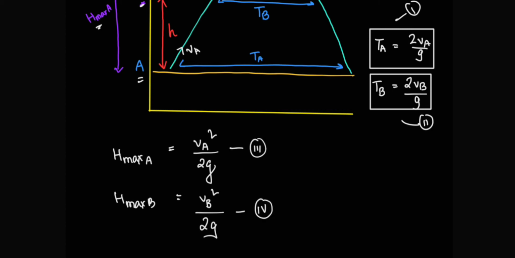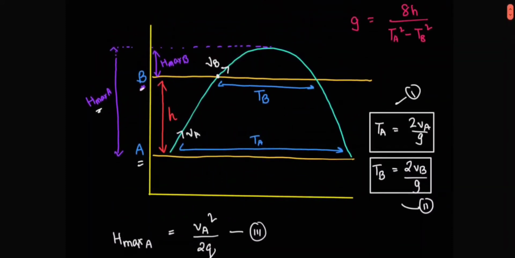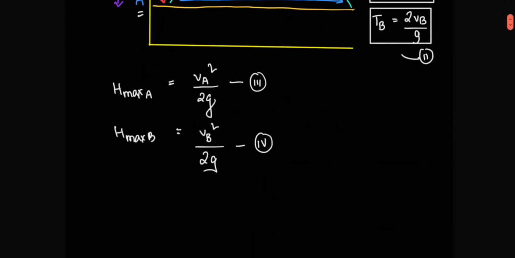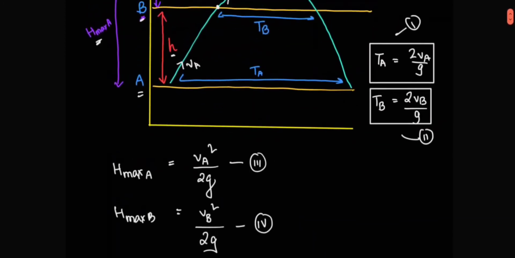Alright, so from the given figure, we can say that this h is the difference between h max A and h max B, right? So we can say that h max A minus h max B is basically h.